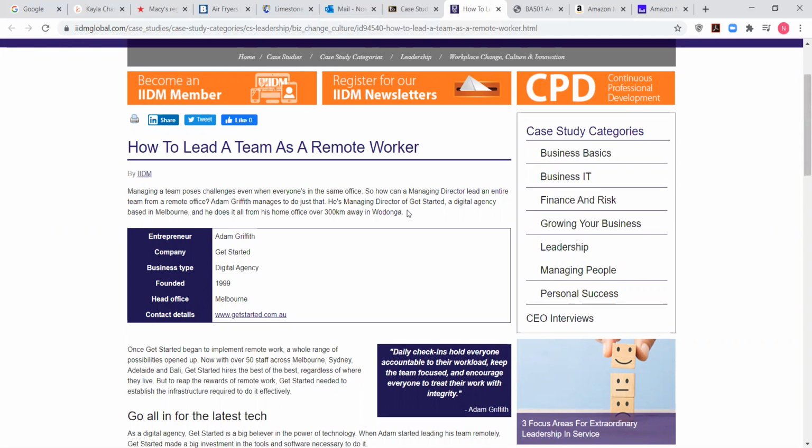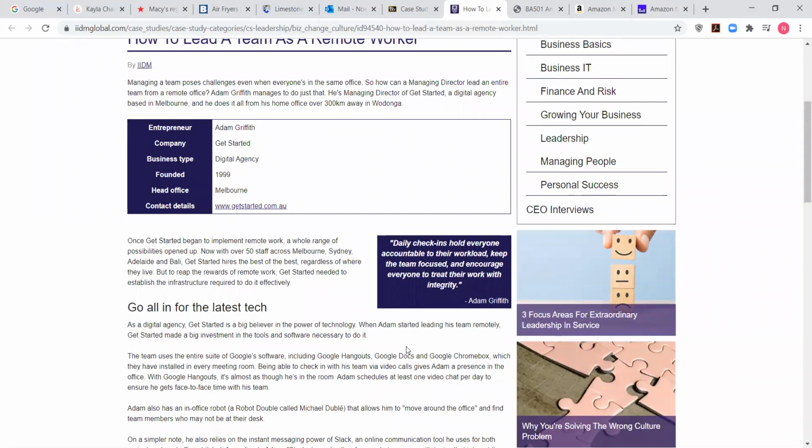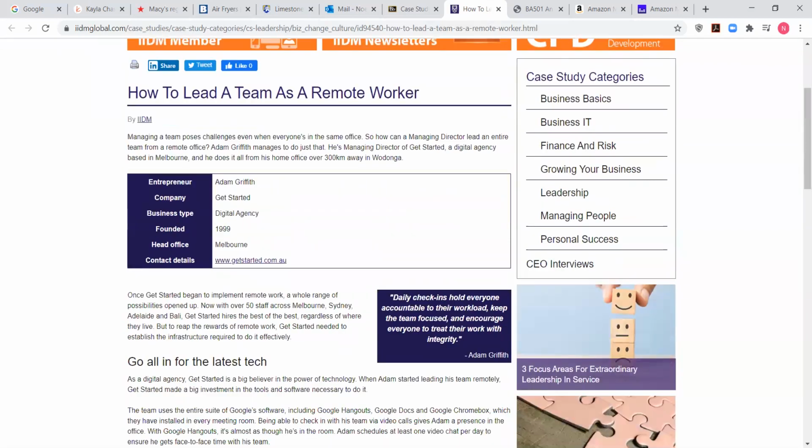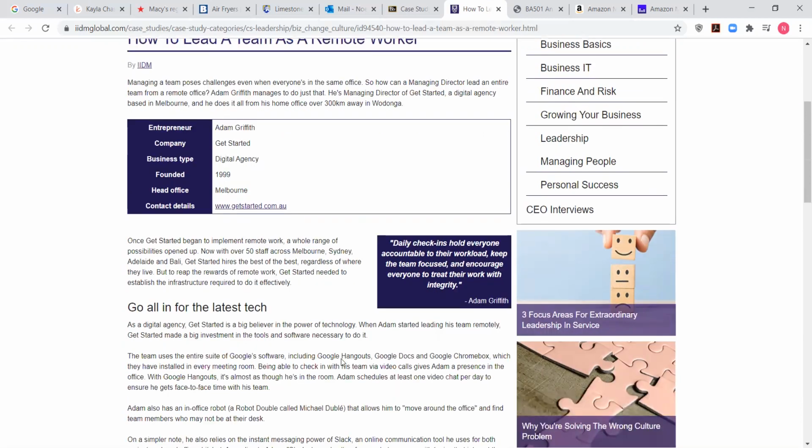He's the managing director of a digital agency, and he has people all over the country. So what would you think the problems are in running a remote team that may be all over the world? Or you can expand it to what would be happening if you had to run an office in COVID right now, where everybody is nowhere near each other, okay?